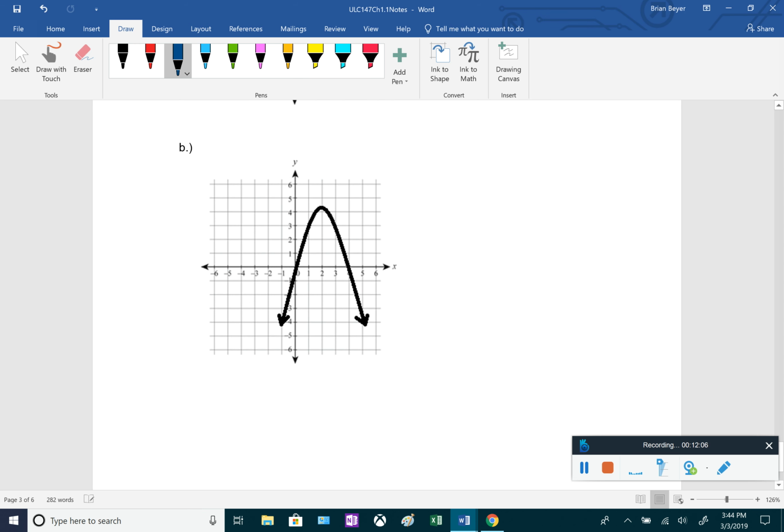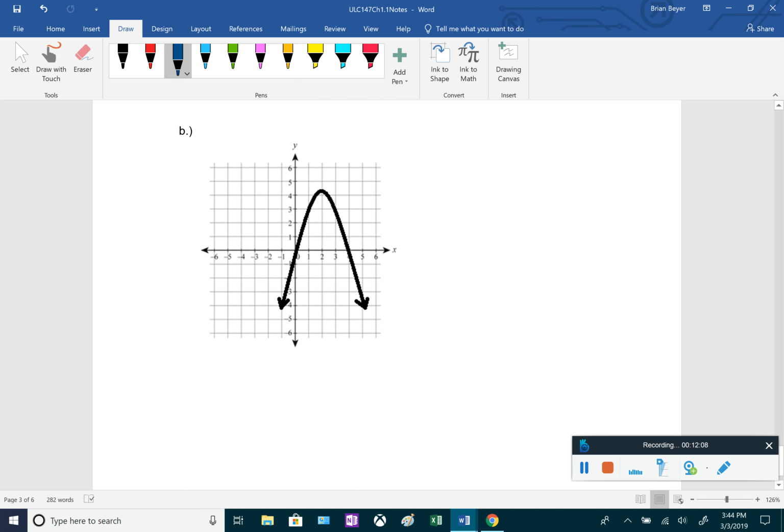Okay, and then for this next one, once again, this looks like a parabola, which is what we graphed with y equals 4 minus x squared. Let's take a look at the x-intercepts. They're going to be right here and right here. It looks like it crosses at x equals 0 and x equals 4.